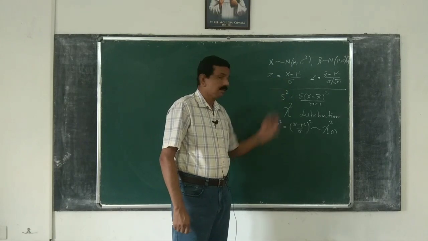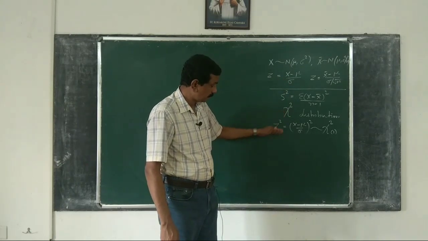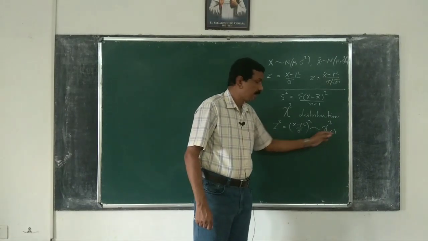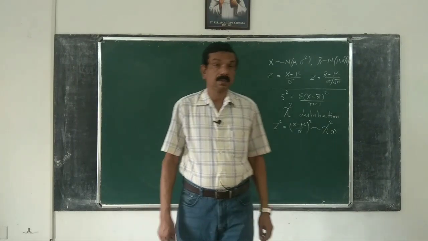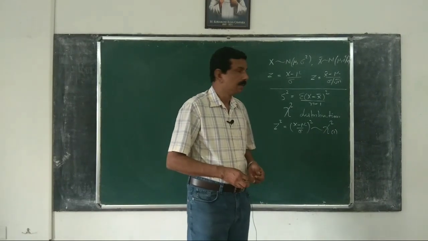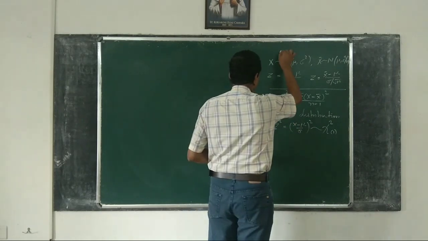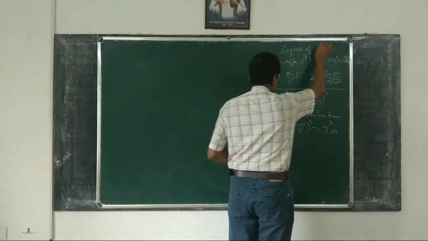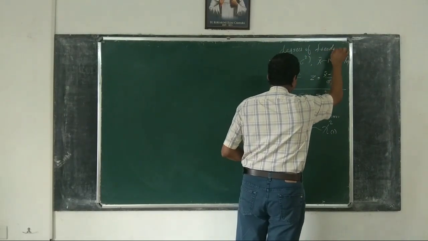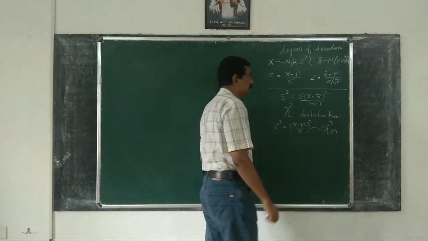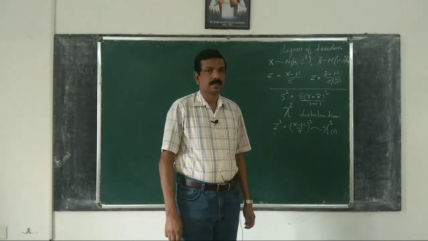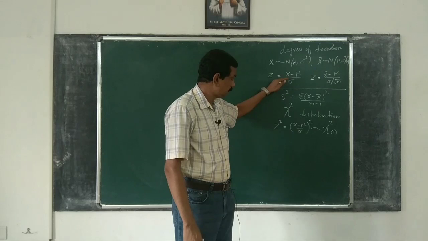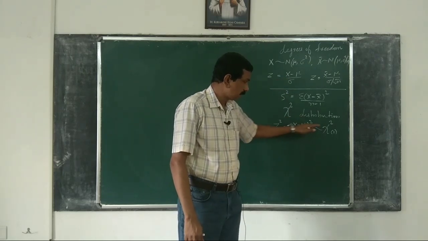So the square of a standard normal variable is distributed as a chi-square variable with 1 degree of freedom. The concept of degrees of freedom will be discussed in detail in the next session.